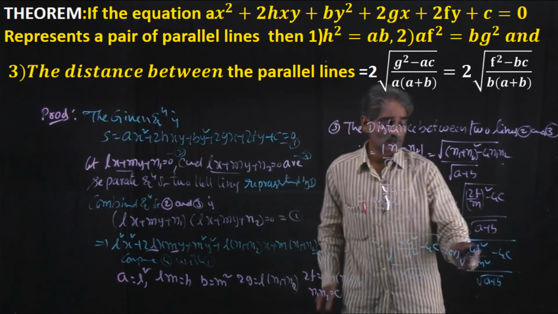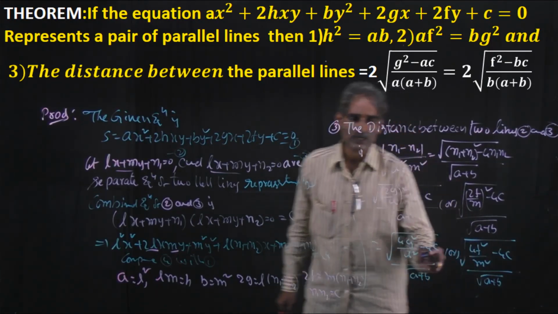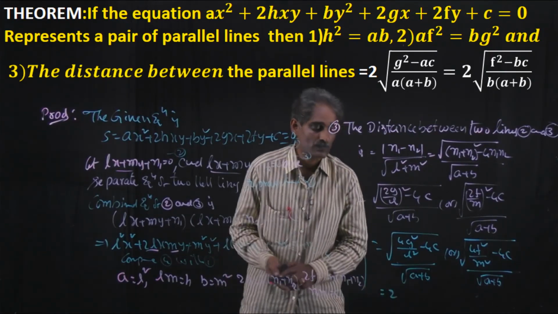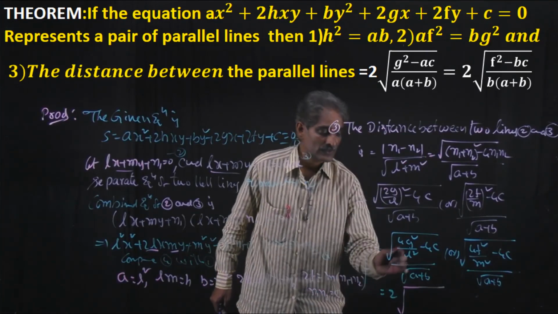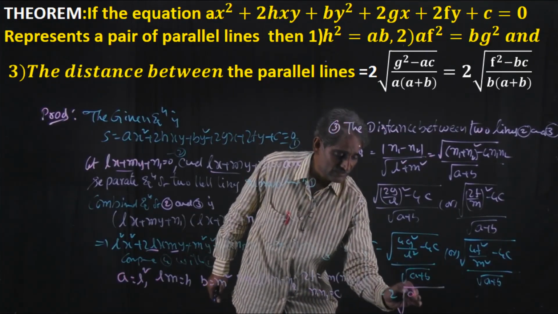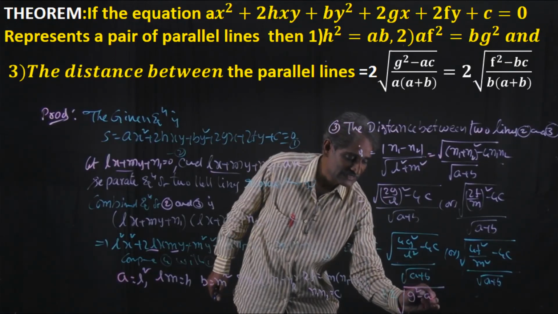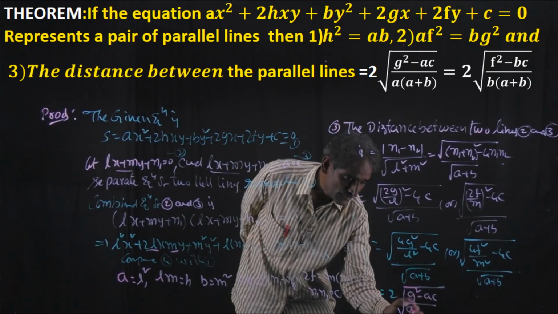That means 2 into root of f square by m square, means b. So here we can write this is equal to 2 into square root of g square by L square means a, minus c by a, into a plus b.